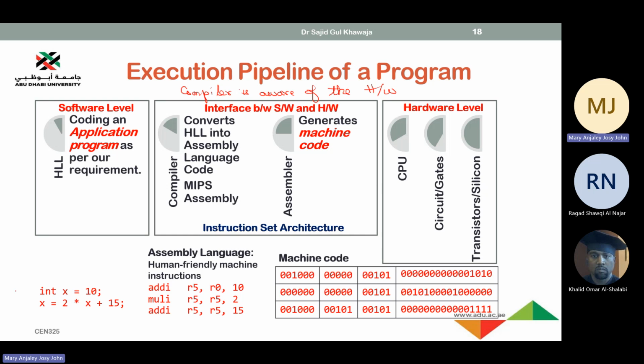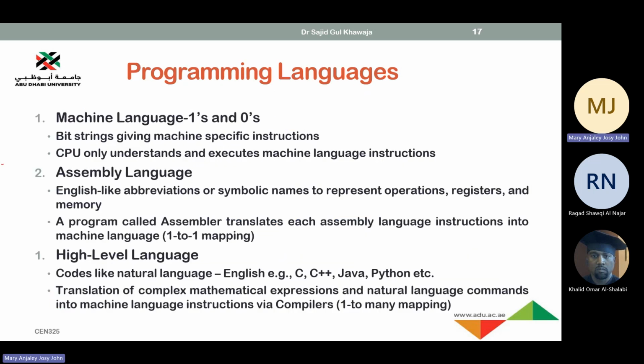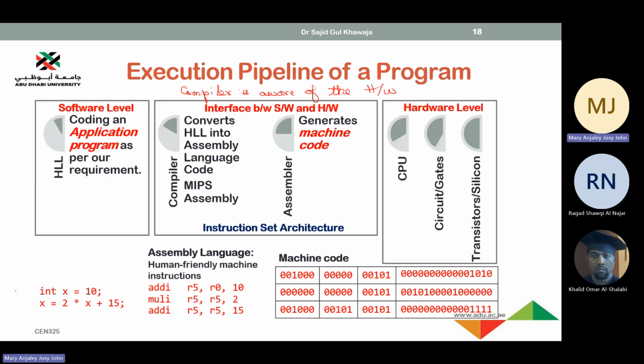What is HLL? High level language. That's what we know. So we do coding here, and that has to be converted to this. The compiler converts HLL to assembly language, and the assembler generates the machine code.